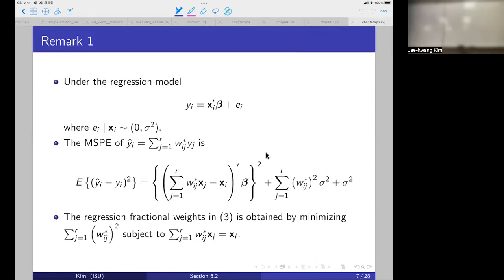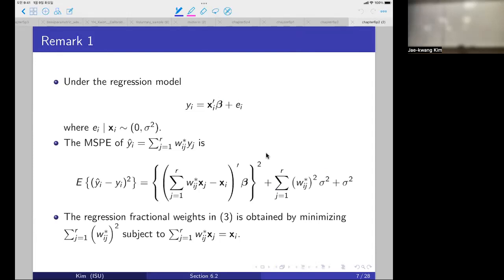And why is this i different from one of it? Because it's missing, but still you can compute it under the model. So the expectation of the square is the square of the expectation, the mean part, plus the variance. Okay, so that is the mean squared prediction error under the model.